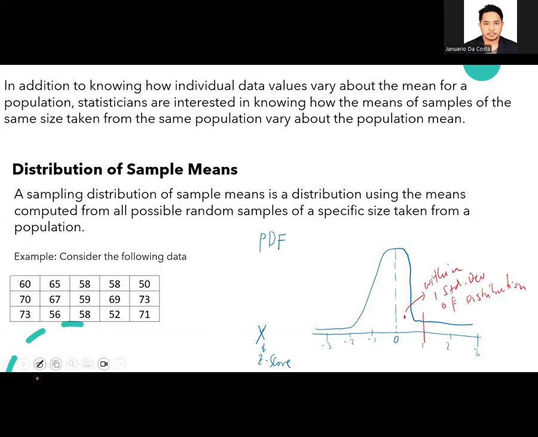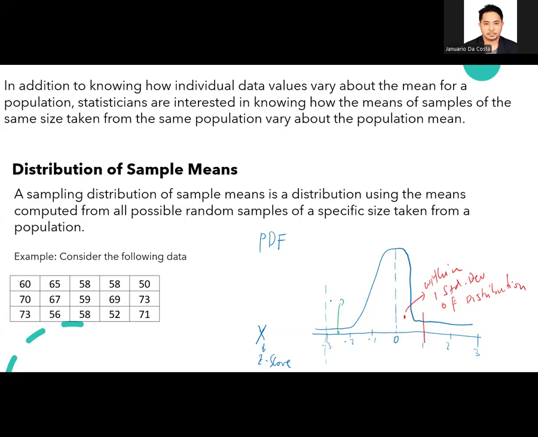And if I have another data set over here, within one standard deviation of the distribution, and then I have this one over here, I can simply say that this data set is within 3 standard deviations, meaning it is between 2 and 3 standard deviations.